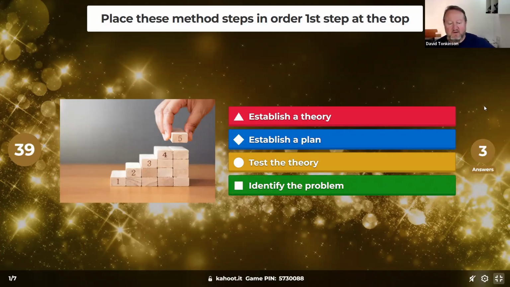I see three of you got in there already. And the others coming in rapidly. Well done for people. These are quite often the fun ones in Kahoot, where we kind of separate a few things.